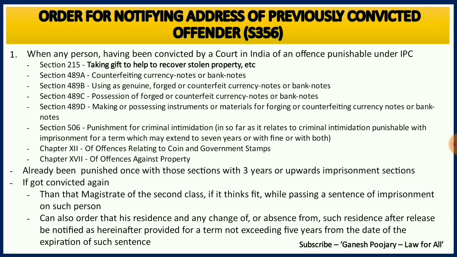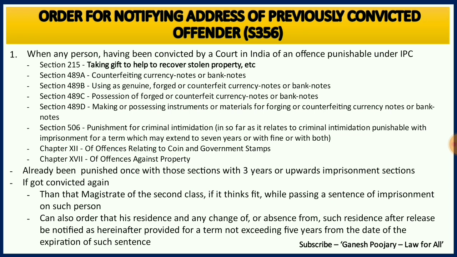Now while giving the punishment, along with imprisonment, after his imprisonment is complete, the court can ask for the details of his residence, or whenever he is changing the residence, those details, or if he is going to be absent from that residence, those details. All of this information can be asked by the court and the time duration is a maximum of 5 years after the release. I hope that is very clear.